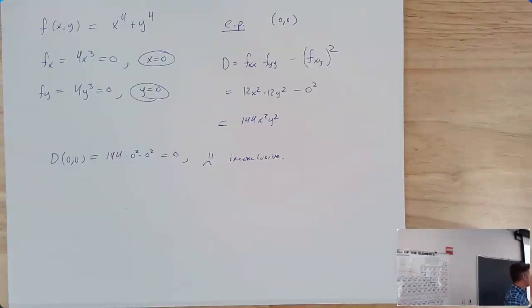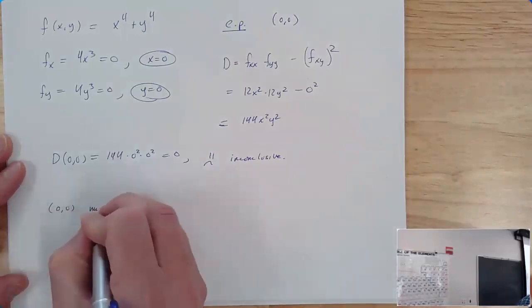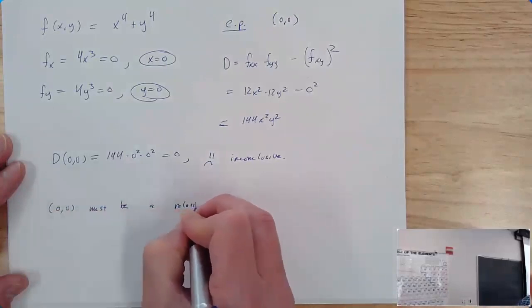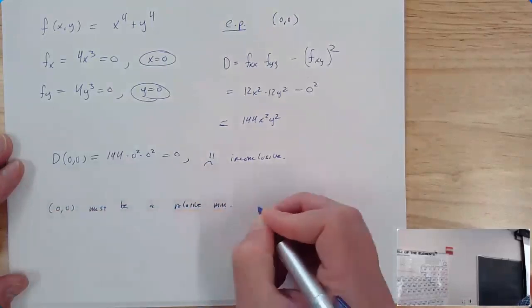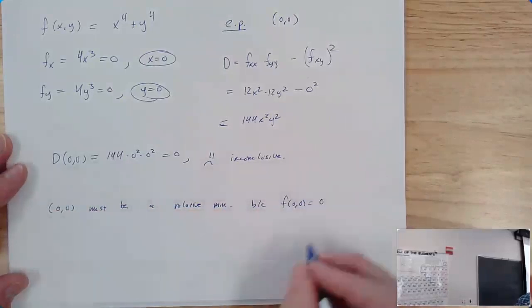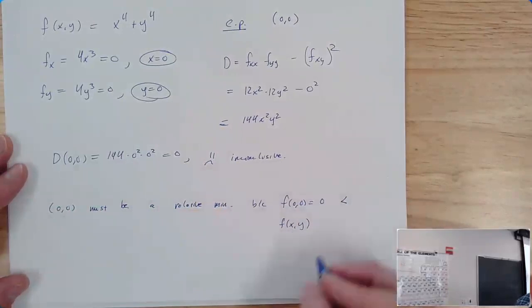So we can just see, because we know how numbers work, that 0, 0 must be a relative minimum, because f of 0, 0 equal to 0 is less than any other value of the function.